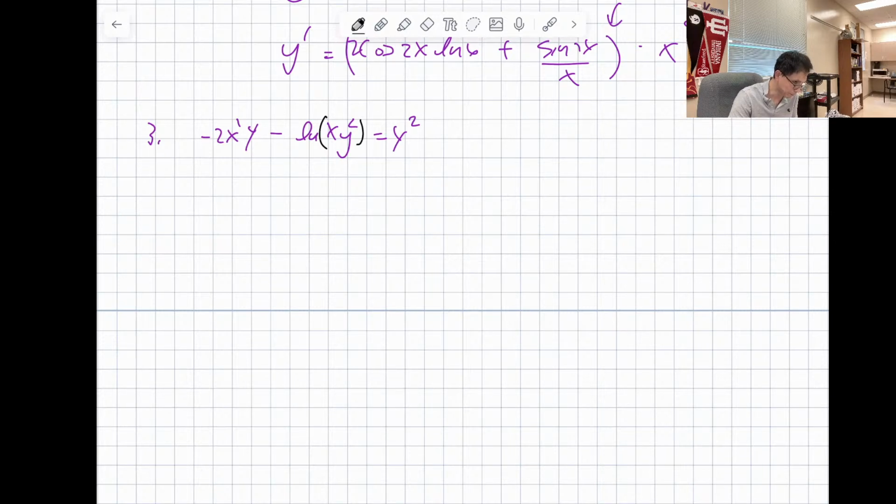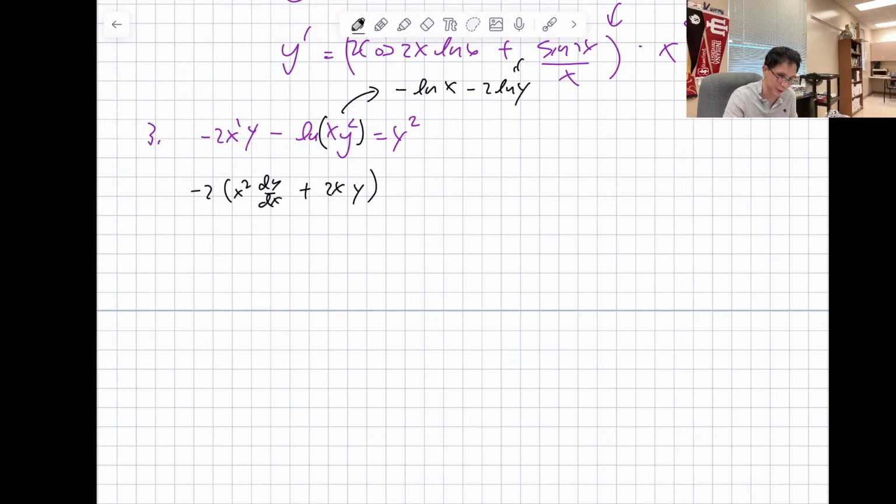She did fine. So negative 2 times x squared dy/dx plus 2xy. But here I will rewrite this as minus ln of x and minus 2 ln of y.